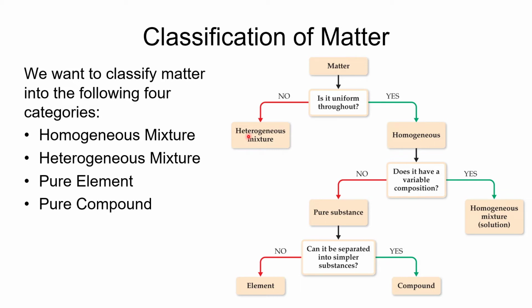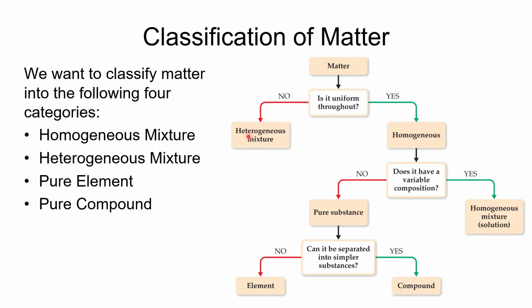If you can see different parts of whatever your sample is, then it's probably heterogeneous. So if you look at something and you can see the different parts of it that are different substances, then it's probably heterogeneous. And it turns out heterogeneous makes up a good portion of everything.